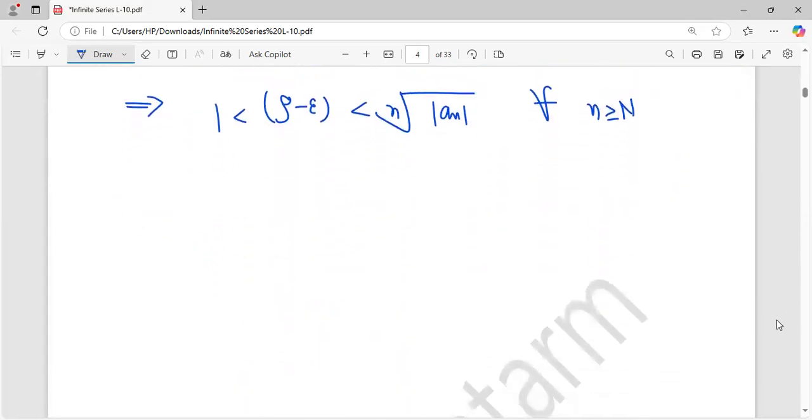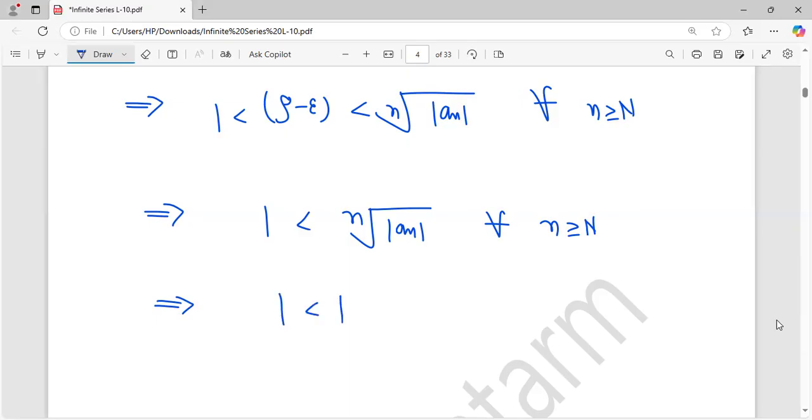So this implies, taking nth power on both sides, each term is greater than 1. So this implies this cannot tend to 0.